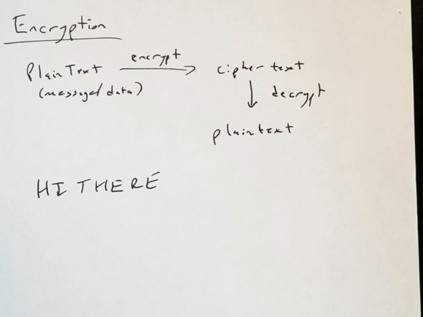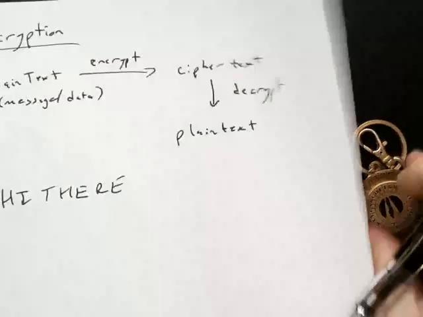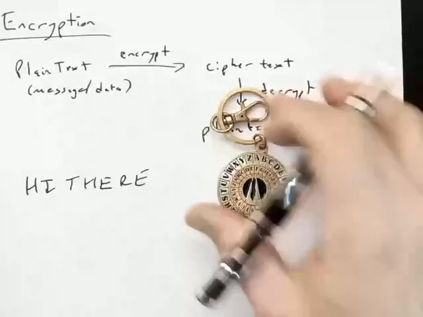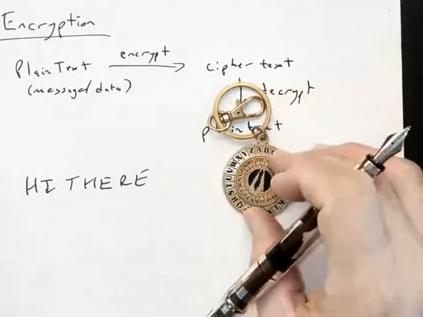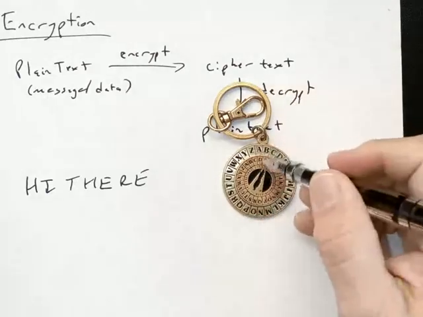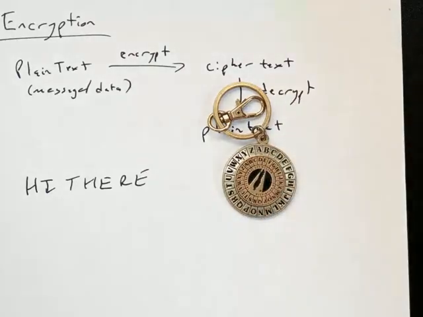But what Caesar said is shift every letter forward 3. So on the outside ring, I'm going to align A with D. That means everything's been moved forward 3 spots.